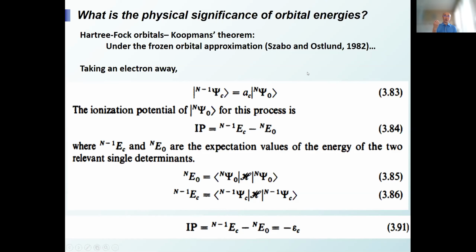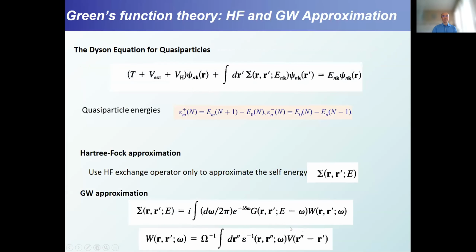Taking an electron from an N-electron system to N-1, but you freeze the orbitals and calculate the difference between these two states, that's the ionization energy, and the answer is the orbital energy of the electron you take out, under the frozen orbital approximation. That's the Koopmans theorem under the Hartree-Fock approximation. So the ionization energy is equal to the negative of the orbital energy.